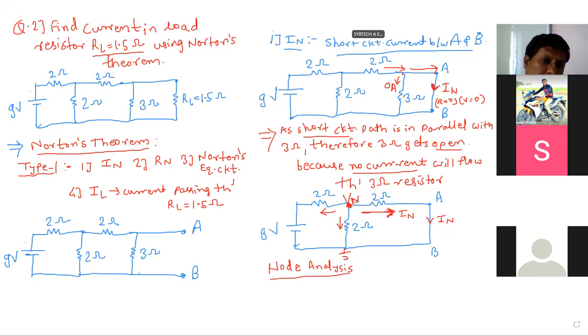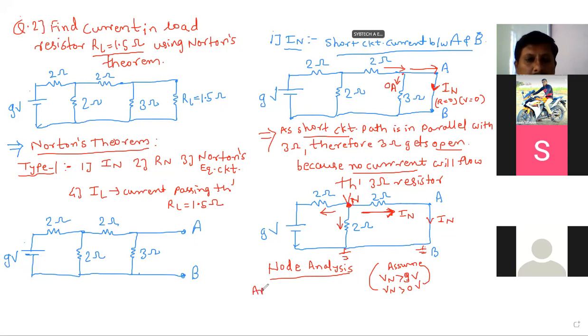Okay, all three are outgoing. But assume that Vn is greater than 9 volt, Vn is greater than 0. This is also 0.